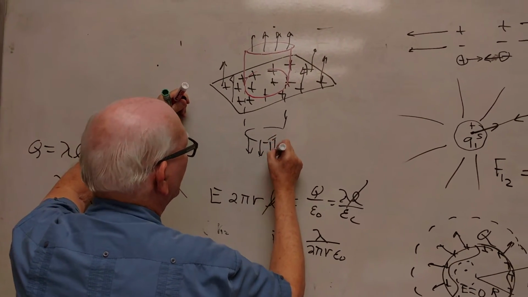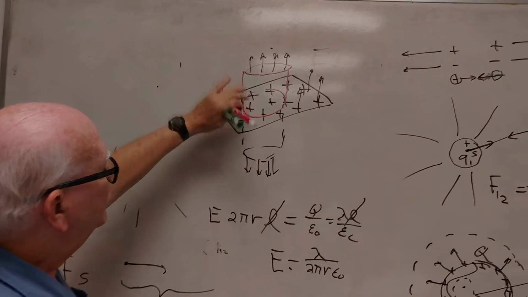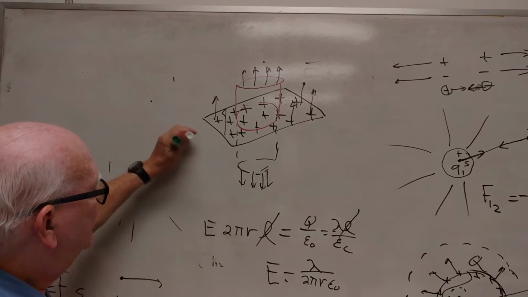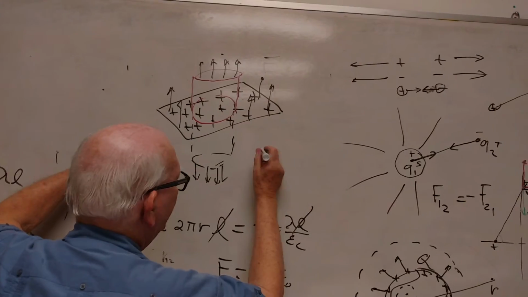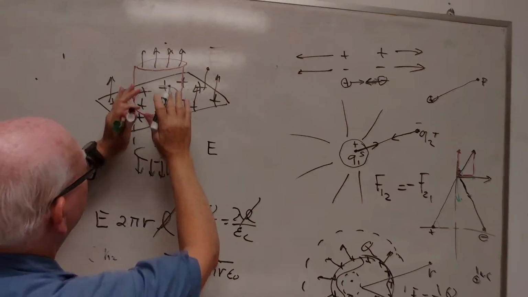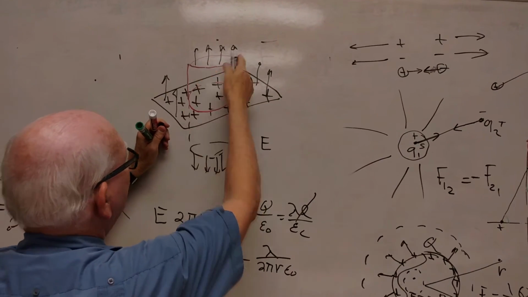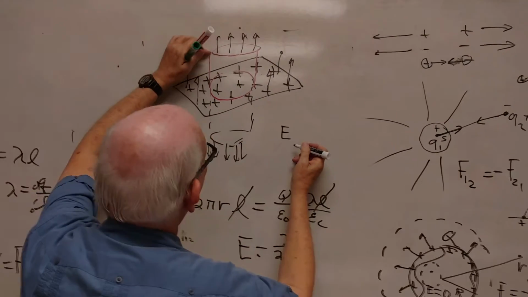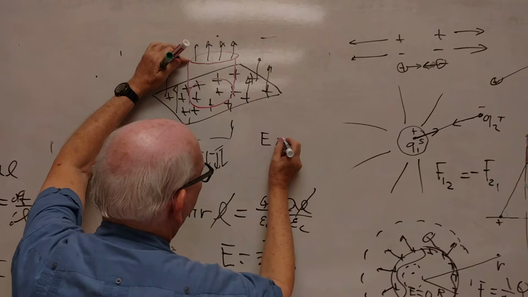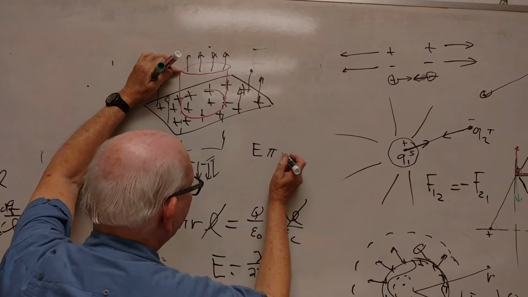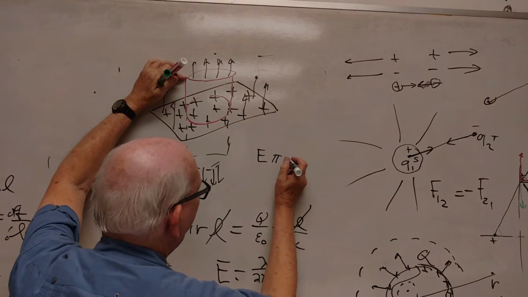So, what is the field? The field, Gauss says, is when you integrate this by the area of the Gaussian surface. This is the Gaussian surface. There's no field on this side because the field is parallel. It's only here. So the area of this top is pi r squared.